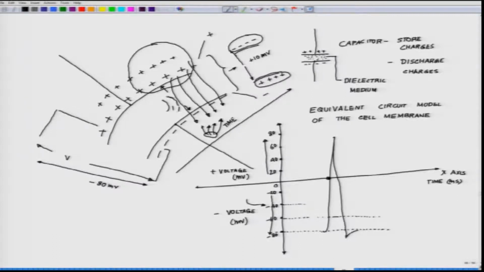Okay, I am drawing the wave for you to remember, like a wave kind of comes inside, so a positive charge flux drifting or diffusing inside the cell very fast.